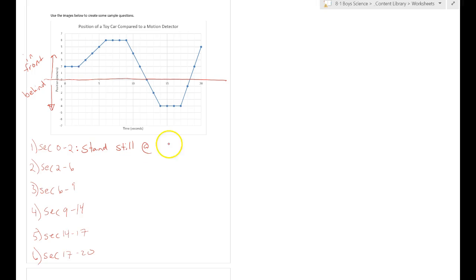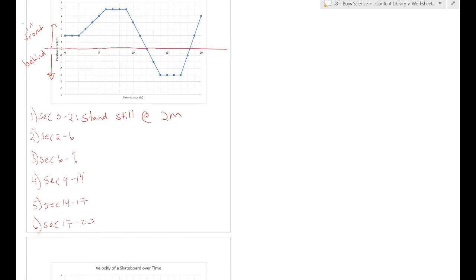At 2 meters, right? Because your position is not changing. You're at 2 meters here, 2 meters here, and 2 meters here. So then from seconds 2 to 6, you're going to move from 2 meters to 6 meters.